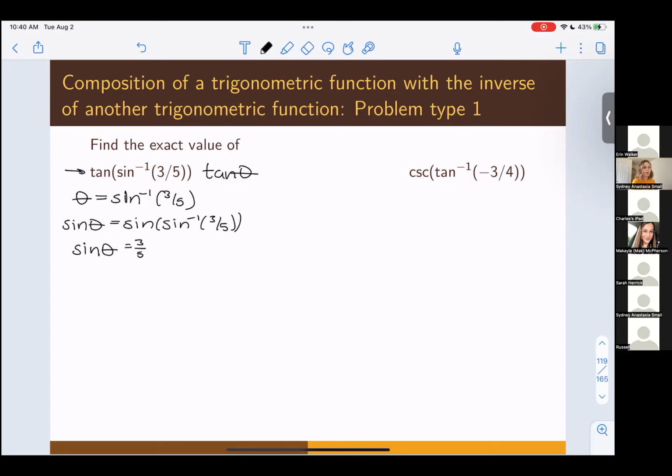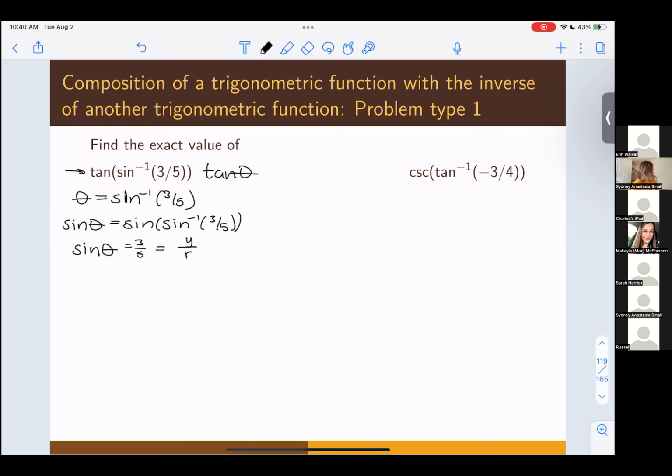What do we know about the sine of an angle theta? Well, we know that sine is the y value over the radius. Remember, we had our thing where the cosine was x over the radius, sine was y over the radius, the tangent was y over x, tangent ended up being the slope. The sine of any angle theta for any triangle is just the y value over the radius.